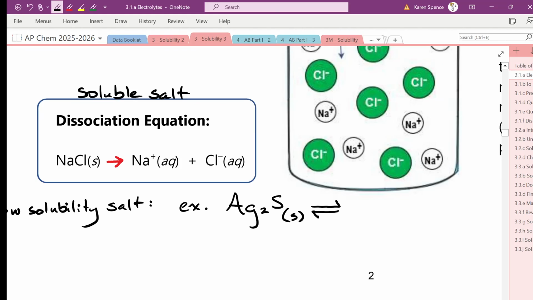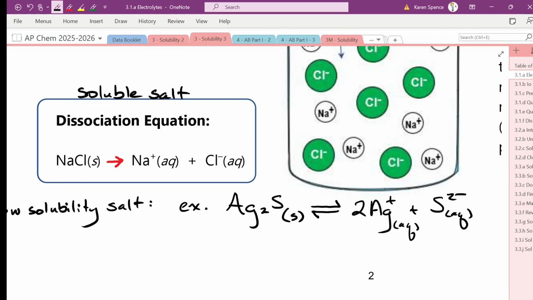What are the products of that dissociation? 2Ag+ plus S2-, both aqueous. Very nice. So this is our dissociation equation for a low solubility salt.